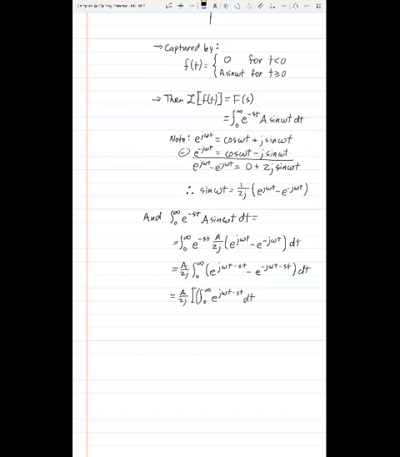Here we'll put that in a set of parentheses, and then another integral from 0 to infinity of e to the negative j omega t minus st times dt, close parentheses, close square brackets.